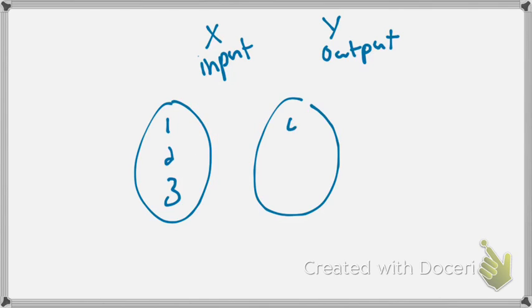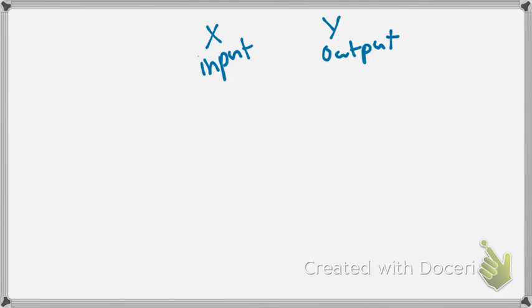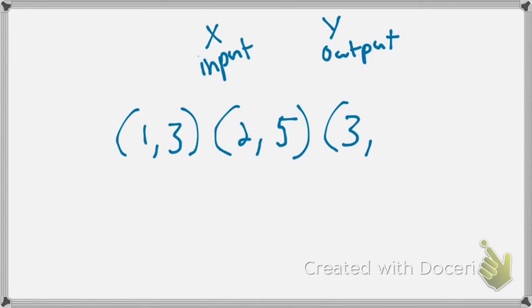Now they can do the same thing with coordinates. They could say (1, 3), (2, 5), (3, 7), or so on. This right here is a function because the input of 1 never repeats. 2 never repeats. 3 never repeats. What about that? Is that a function?